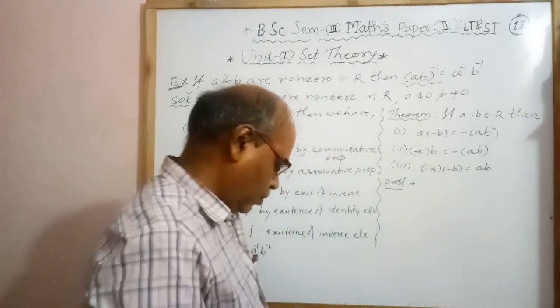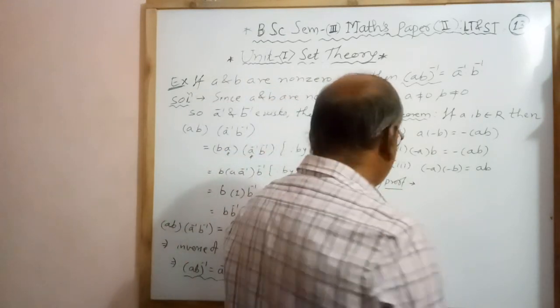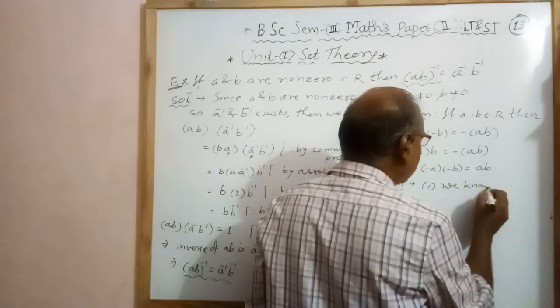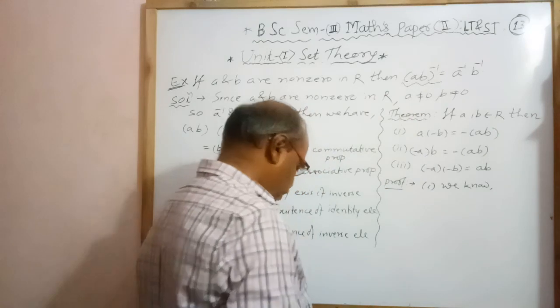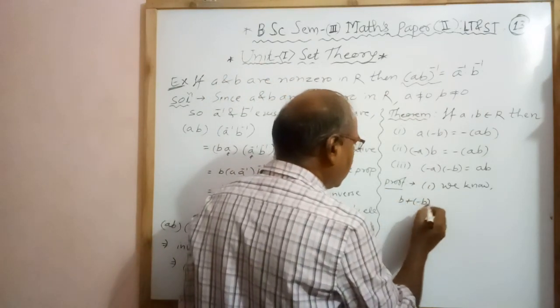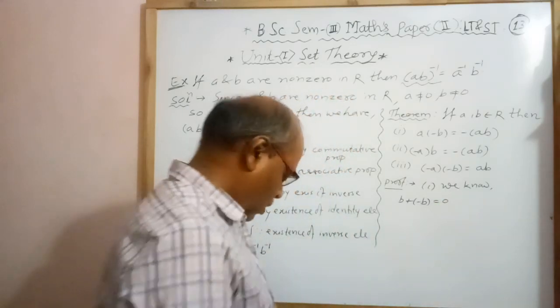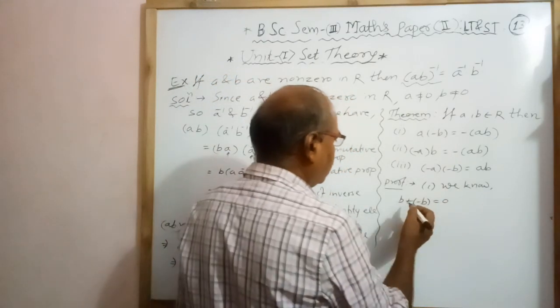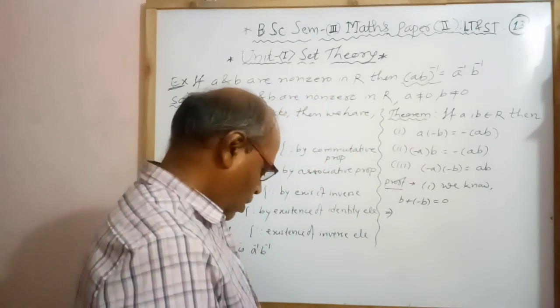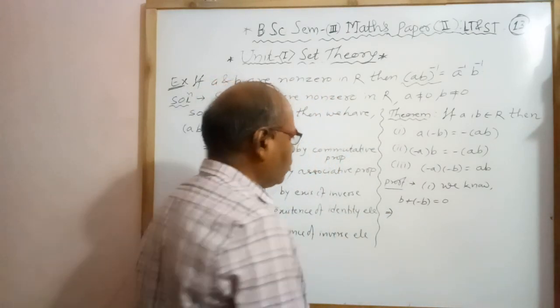Proof. First, we know that by the addition of negative, B plus minus B equal to 0. This implies we multiply by A on both sides.